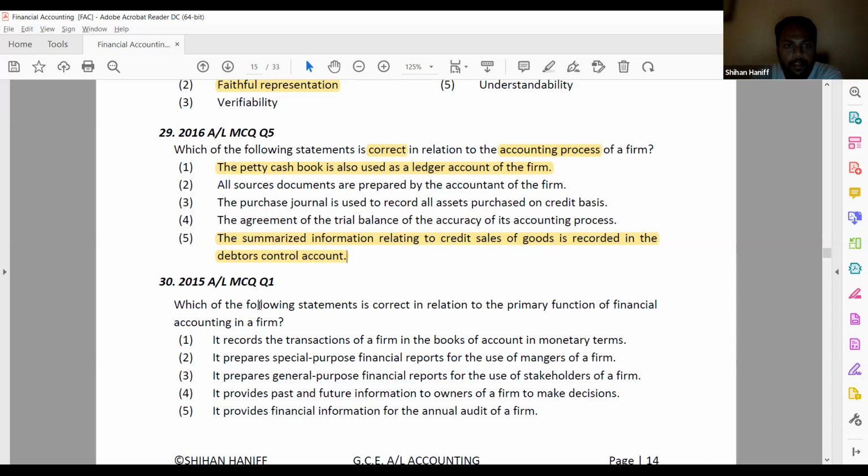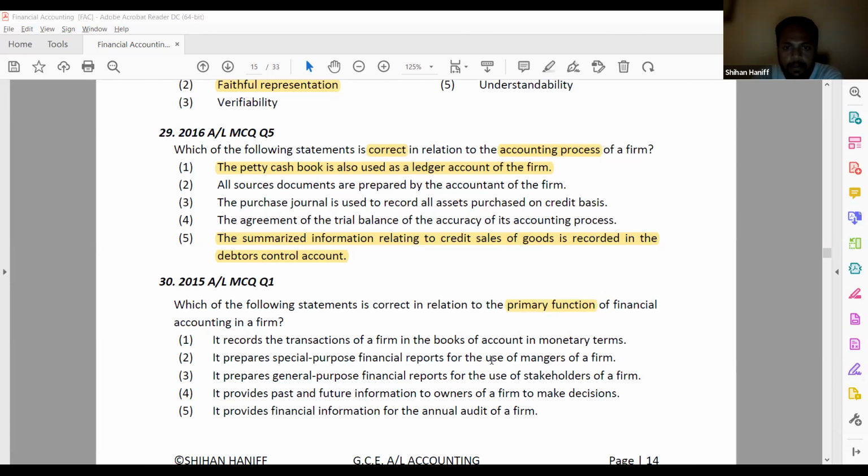Then question 30. Which of the following statement is correct in relation to primary function of financial accounting? Primary function. So let's see the answers. It records the transactions of a firm in the books of accounts in monetary terms.